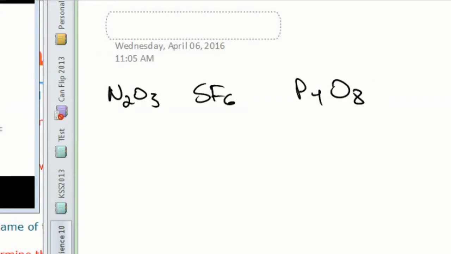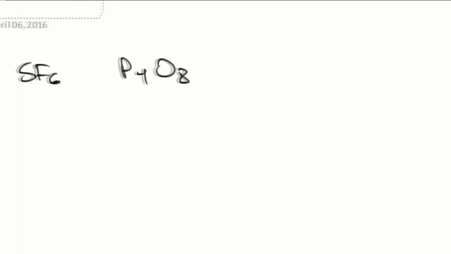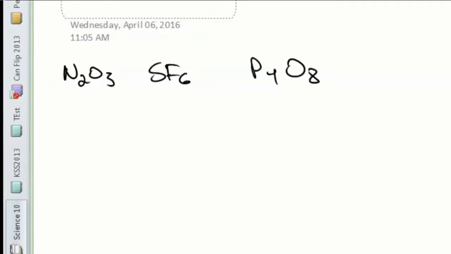All right, so let's do these three to start, and then we will move on to the last one, going the other way. So N2O3. We name the thing that's furthest to the left on the periodic table first, and when we write the chemical formula for it, the thing that's furthest to the left will always appear first. So this is nitrogen. And then oxygen gets changed to oxide.